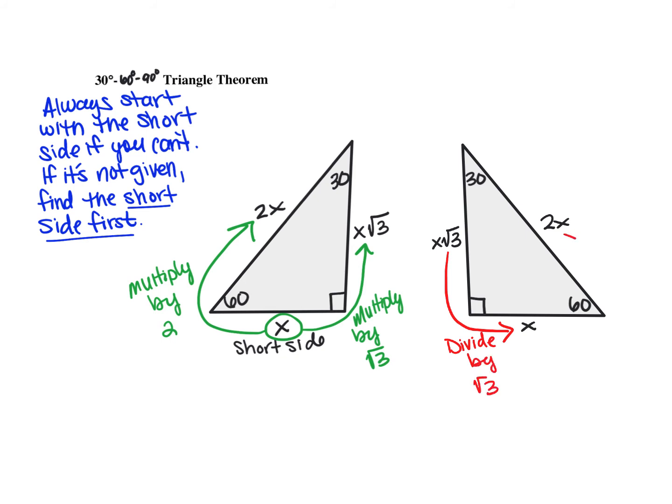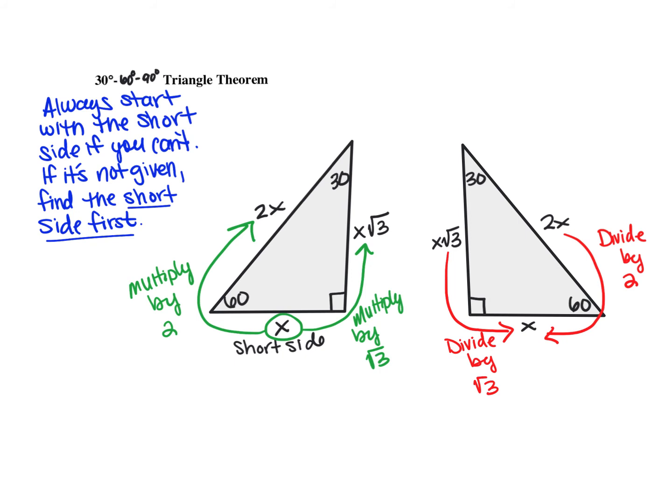And if I wanted to go from the hypotenuse to the shorter side, you would divide by 2. So it just depends on what direction you're going. If you're given the short side, you're going to go up and multiply. If you're not given the short side, you're going to do the opposite of multiplying, which is dividing.